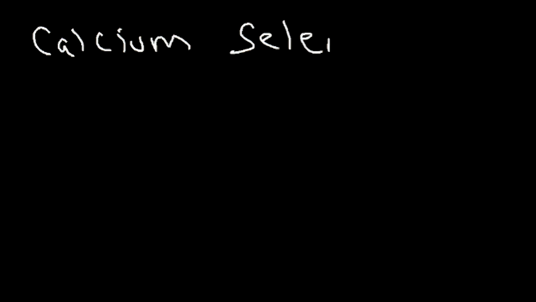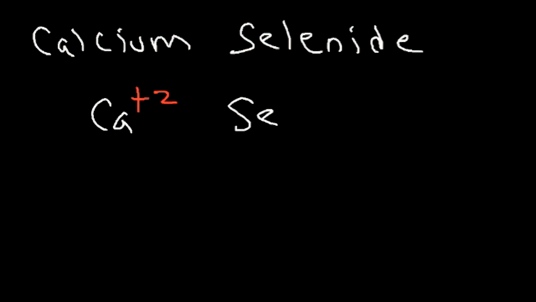So another example of this is calcium selenide. Calcium is an alkaline earth metal with a plus 2 charge, and selenium is a chalcogen that's below sulfur and it has a minus 2 charge. Because the charges are the same, you can simply write them in a 1-to-1 ratio.